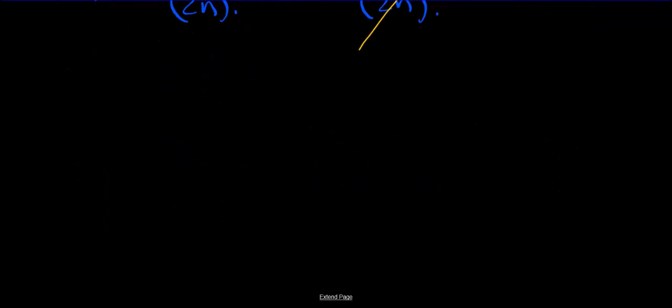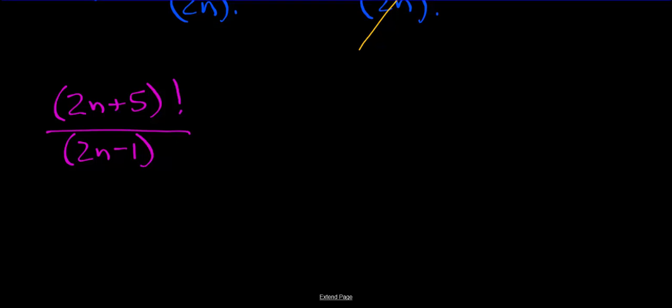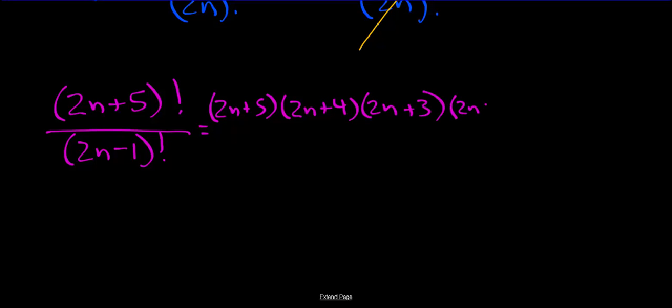And you could have something like this. You could have (2n plus 5) factorial over (2n minus 1) factorial. And this one's a long one, but you could get rid of all the factorials just by saying, okay, this is 2n plus 5 times 2n plus 4 times 2n plus 3 times 2n plus 2, 2n plus 1, 2n, and (2n minus 1) factorial.